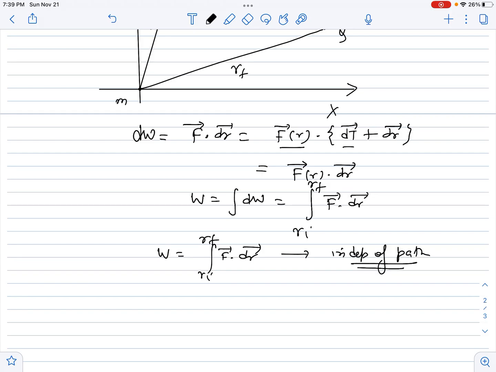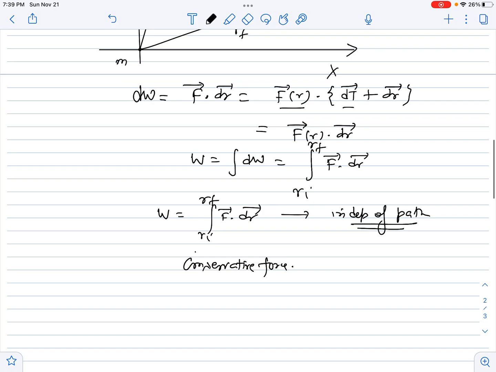Hence this force is a conservative force. Gravitational force is a central force, and all central forces are conservative because they point toward one point.